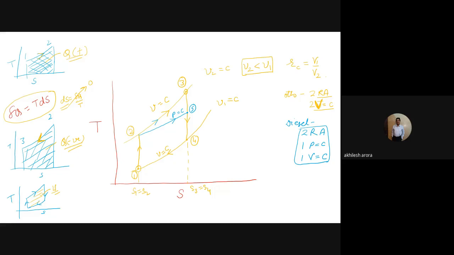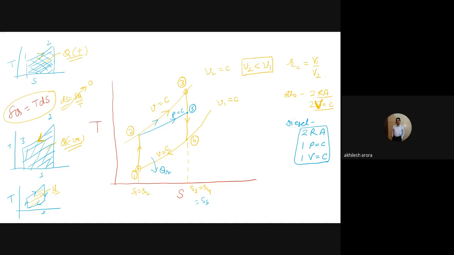So you can see S4 is equal to S3 is equal to S5. Then the last process 4 to 1 is the heat rejection process, QR. This is common in all the three cases, because the starting point is state point 1. So 4 to 1 is the heat rejection. Is it clear?